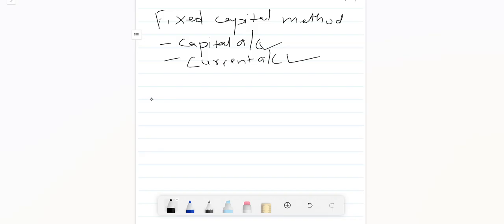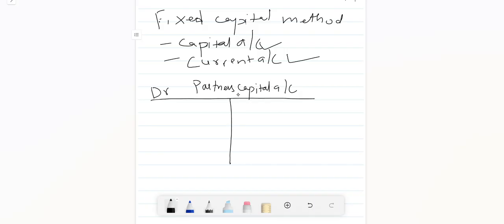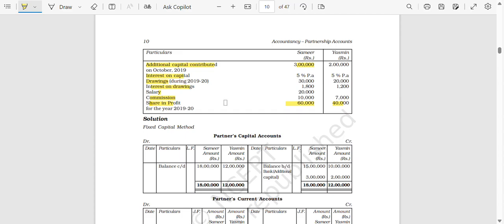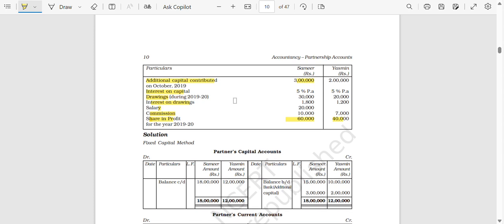Okay, so now let's just start with the partners' capital account. Debit, credit. Let's go through the question first.